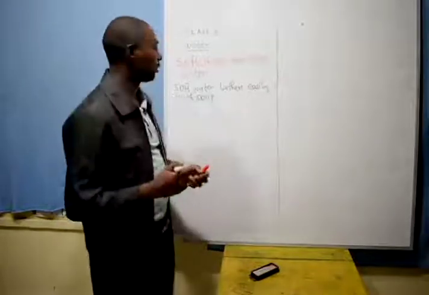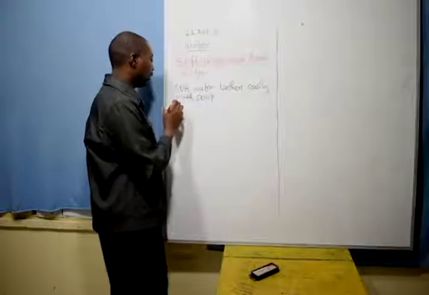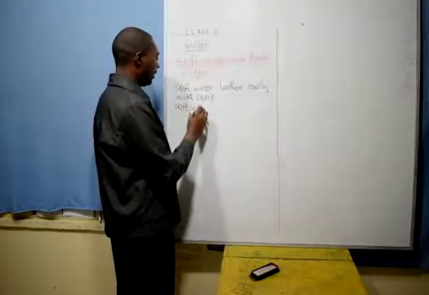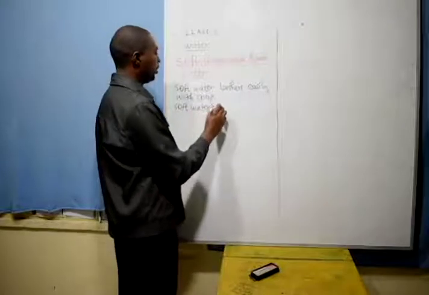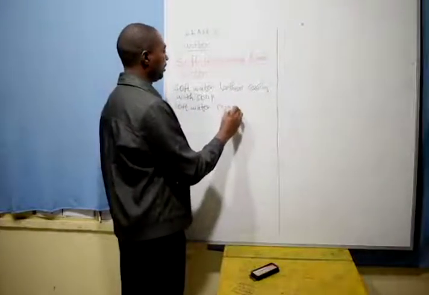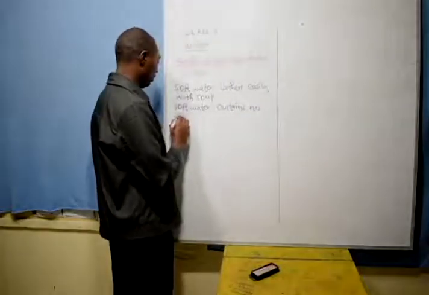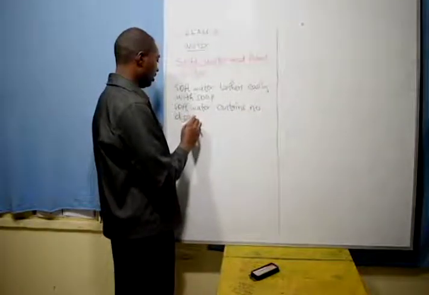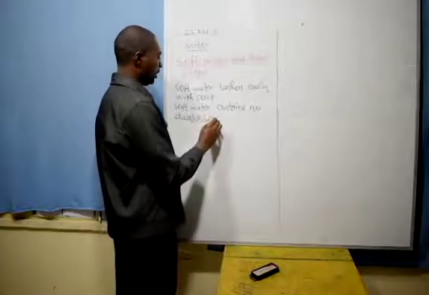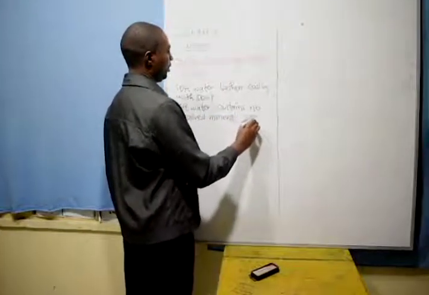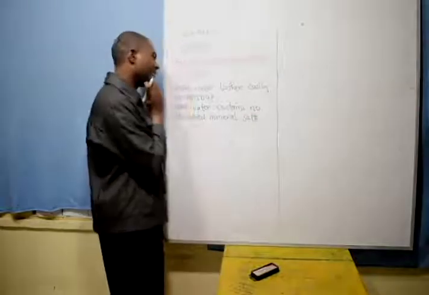I'll give you the examples of water to try. We can also define soft water as water that contains no dissolved mineral salts. Now I want to tell you what makes the water hard.